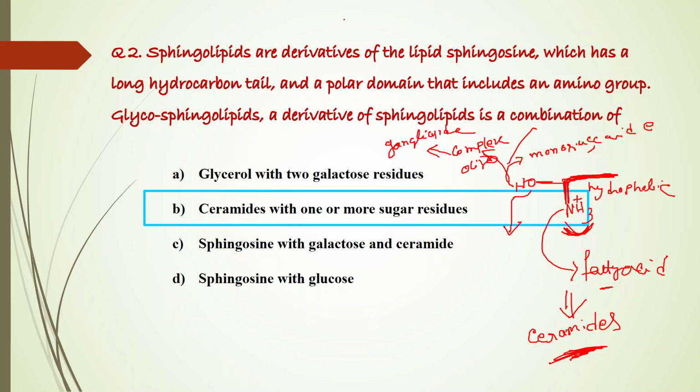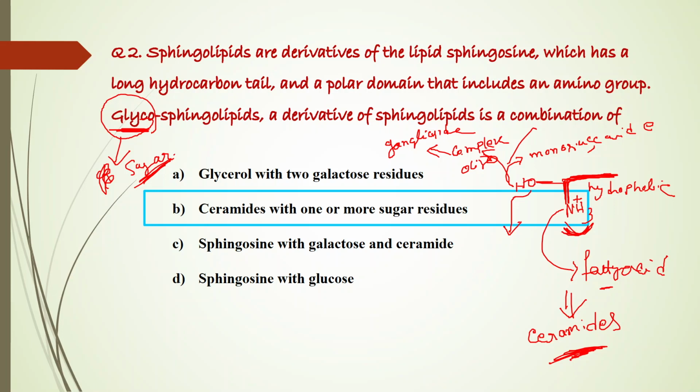So obviously in case of glycosphingolipids, from the name itself you can identify that there is a glyco residue. Whenever you see a glyco residue, that means there is some sugar molecules involved. Sugar means these monosaccharides or complex or different oligosaccharides. They have to be incorporated in this OH site.